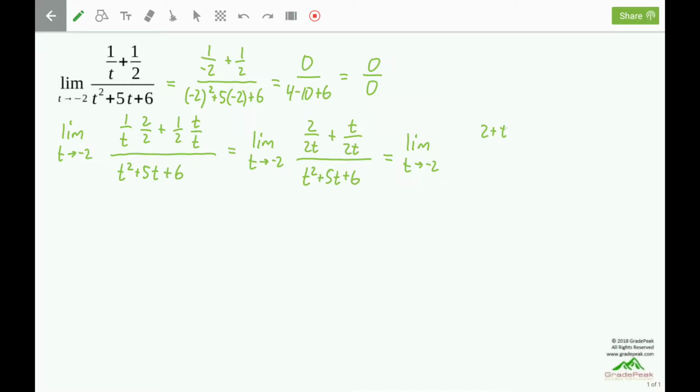So we will have 2 plus t over 2t, and all of that over t squared plus 5t plus 6. At this point, we want to have a fraction over a fraction so that we can reciprocate and multiply. Let's put this denominator over 1 so we can reciprocate it and multiply it with the numerator.